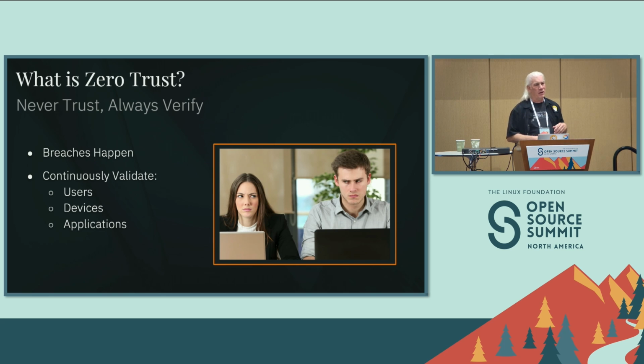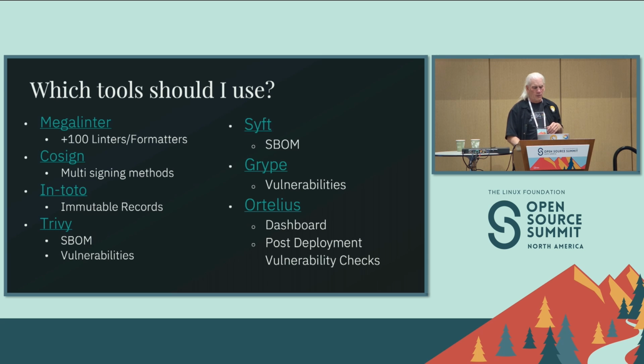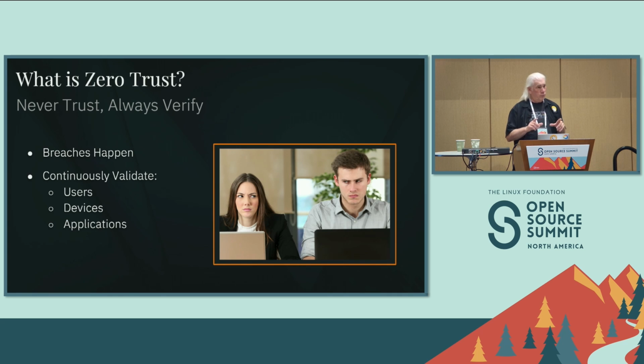Maybe a jump server to get out to the production world, so you can track and audit everything that's happening. So when you think about it in the context of the CI/CD pipeline, it's never trust, always verify. And you'll see shortly where that comes into play.